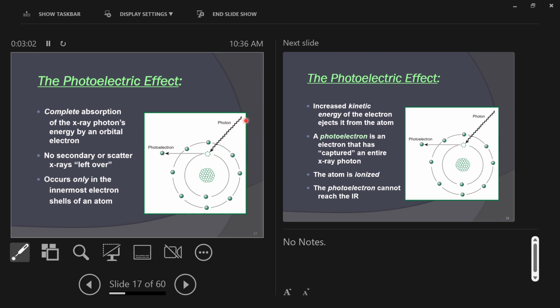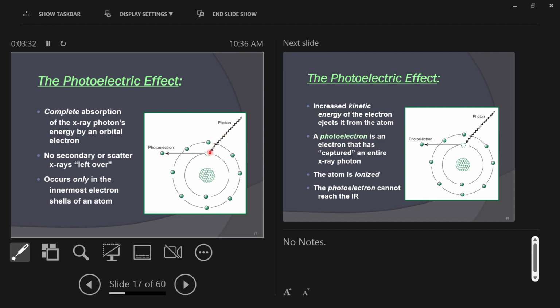An X-ray photon comes in from the X-ray tube, came from the focal spot, comes down, doesn't interact much with the air in the room, and then hits some part of the patient. If this X-ray photon is high enough in energy to kick out an electron, but low enough in energy to where it's completely absorbed, we're going to call this a photoelectric interaction, the photoelectric effect.